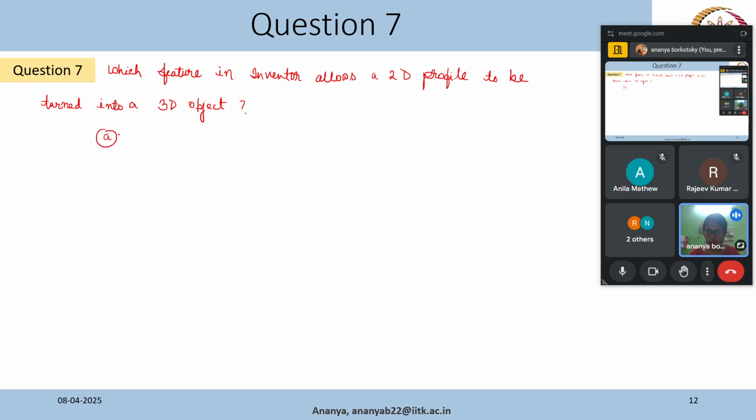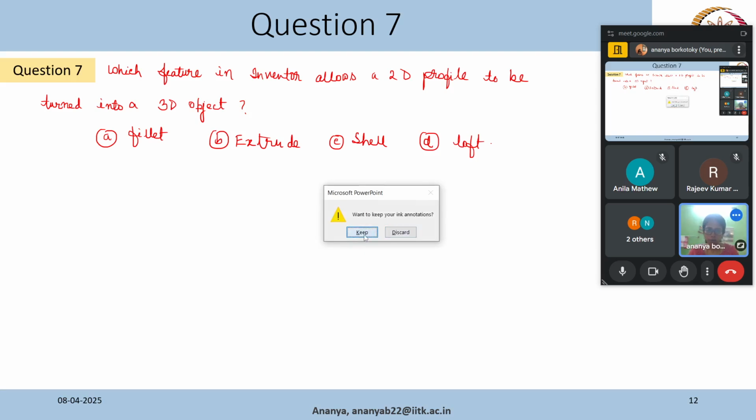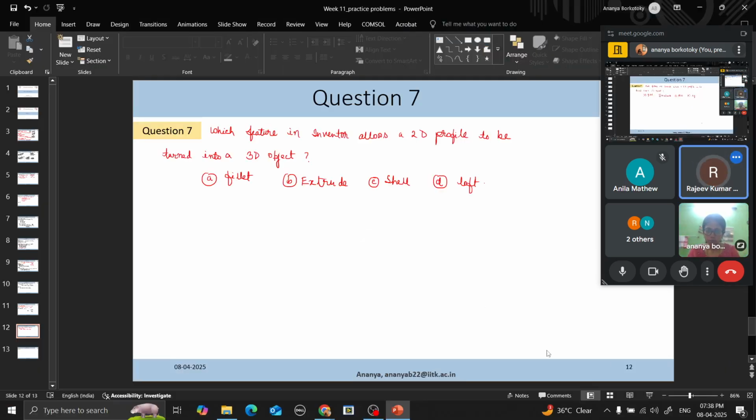I'll give you the options: fillet, extrude, shell, loft. Answer B, extrude. Yes.